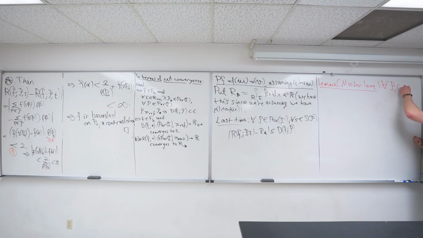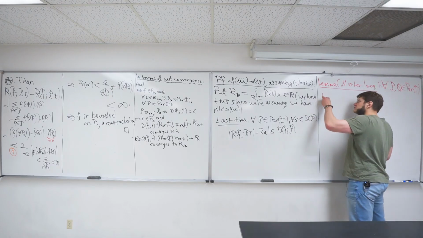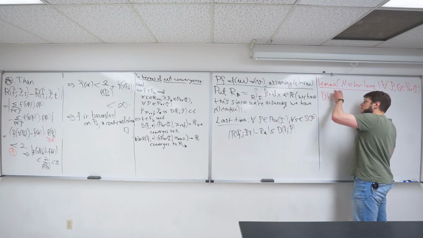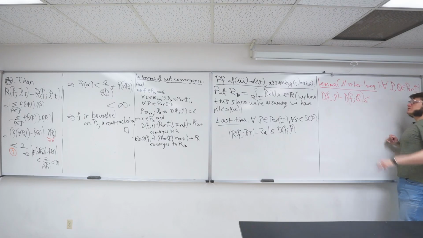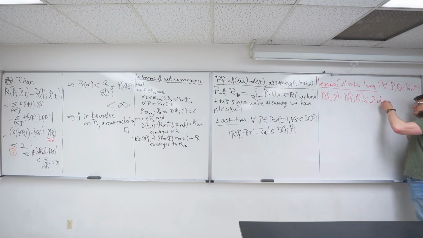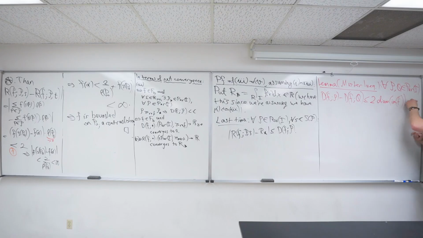For any P and Q, the difference between the Darboux apertures is upper bounded by twice the diameter of the image of f times the number of pixels in Q times the mesh of P.